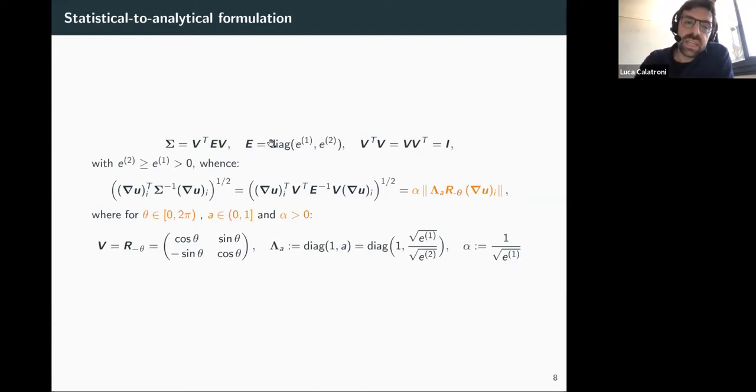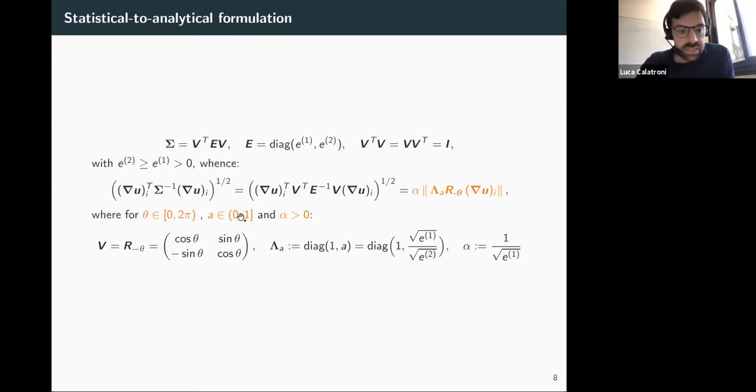So we can define a diagonal matrix E and some rotation matrix V, so that this term can be rewritten in a different form, where you can convince yourself, after some pretty obvious geometrical considerations, that the rotation matrix really relates to the orientation theta of the edges that I introduced in the previous slide.